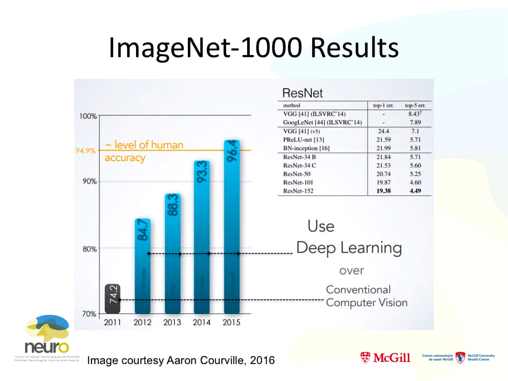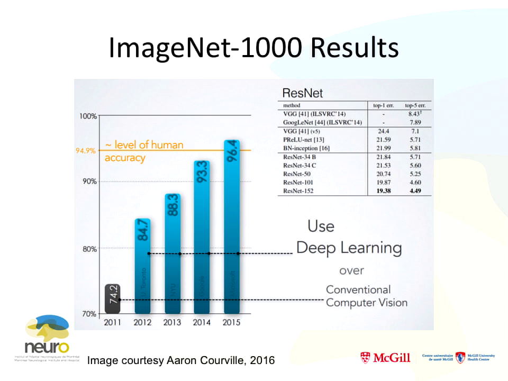So the first deep learning entry into this challenge, which has been around for quite a while, improved the state-of-the-art by over 10% in a single year. And over 1,000 classes, this is really a remarkable improvement.